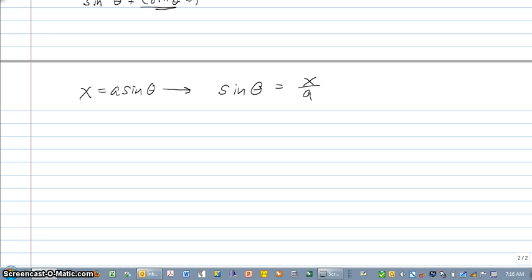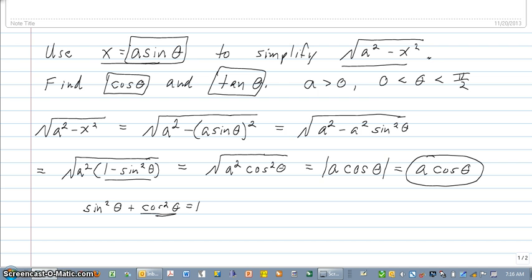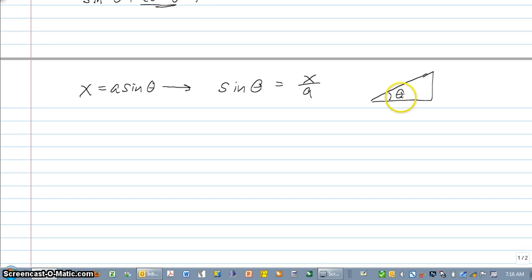And if I know that the sine of theta is x over a, I can make a little triangle. We knew, again, I forgot to write it at the beginning, but we knew that our angle is between 0 and 90. So it must look something like this. And opposite over hypotenuse is the sine.